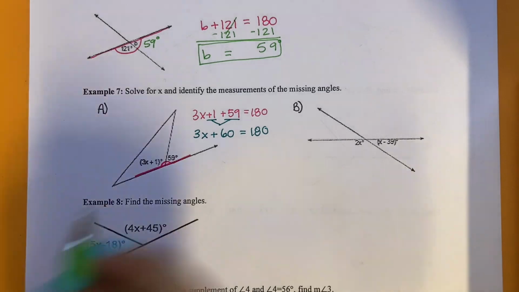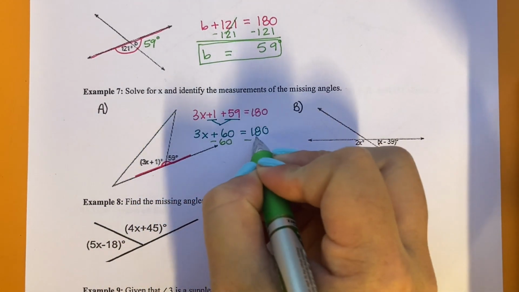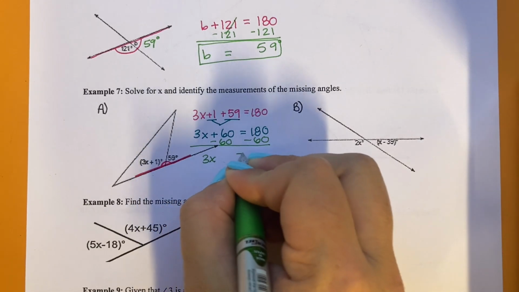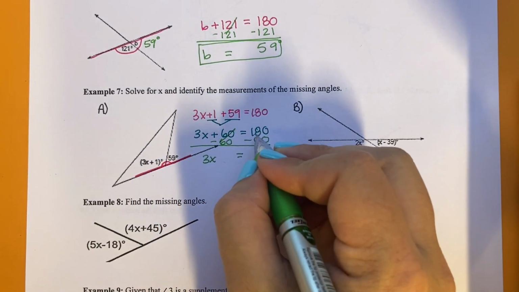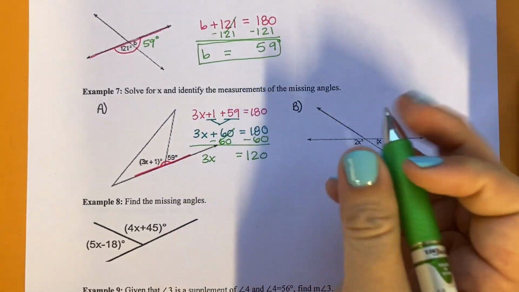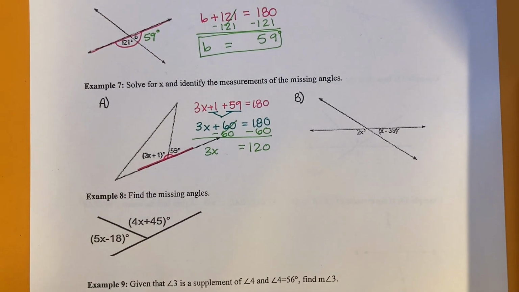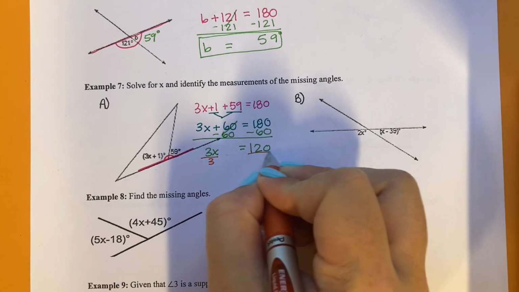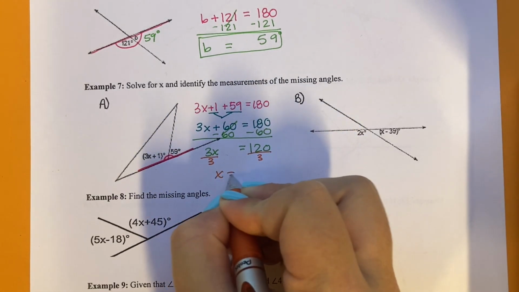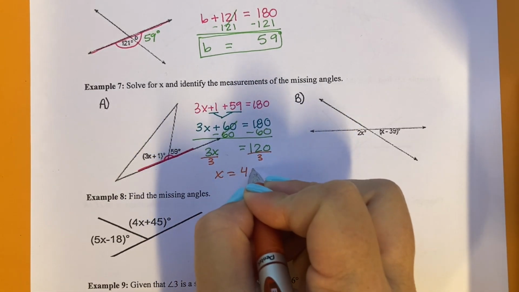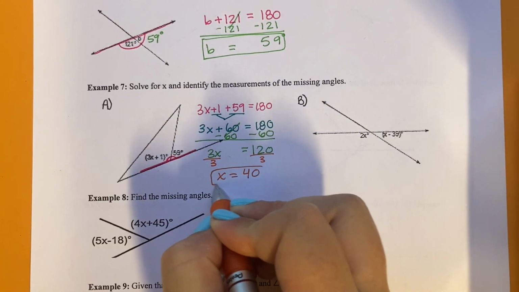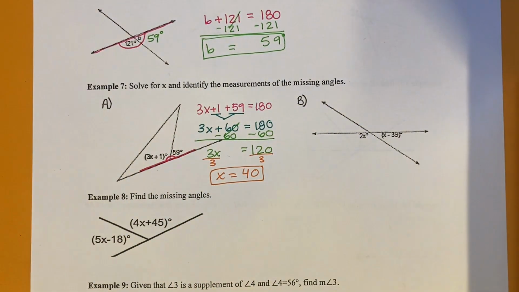Subtract the 60. 3x equals 120. We want the 3 to be off of the x, so we're going to divide the 3 off. 12 divided by 3 is 4. We have our 0 divided by 3 is 0, so 40. X is 40.